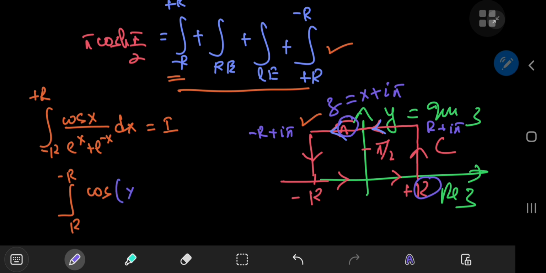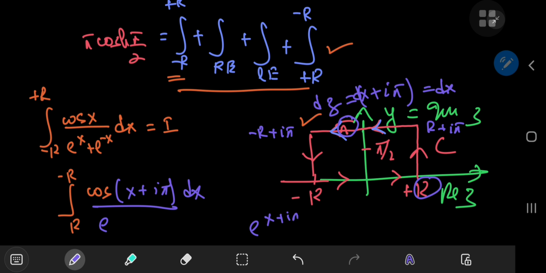So we have the cosine of x plus i times pi. And if we take differentials, then we just have dx, correct? So dx divided by e to the, now e to the x plus i pi can be written as e to the x times e to the i pi. And e to the i pi is just a -1.